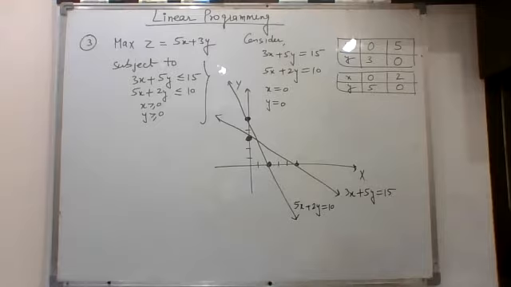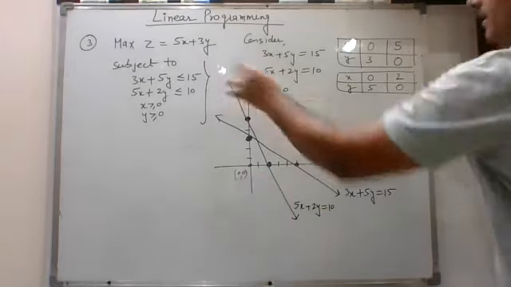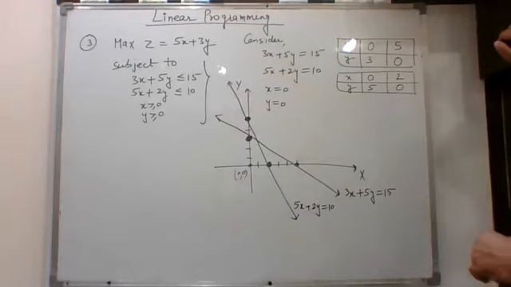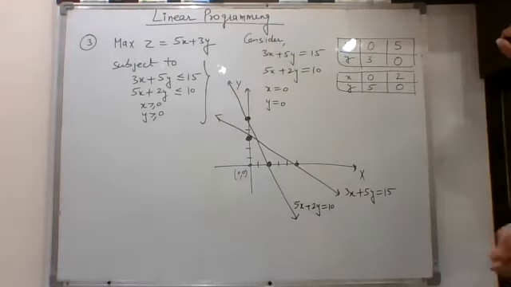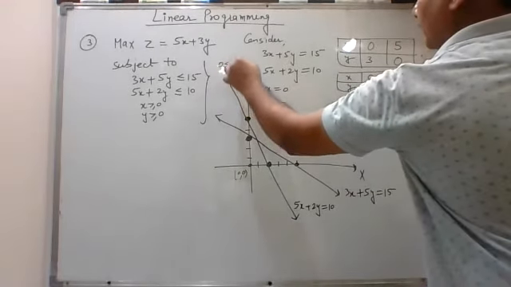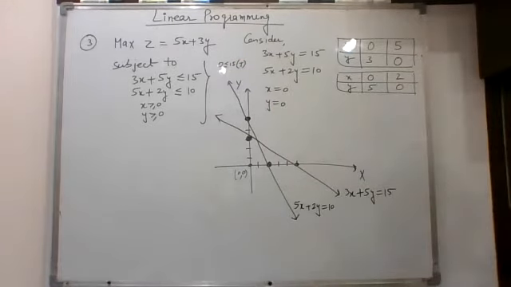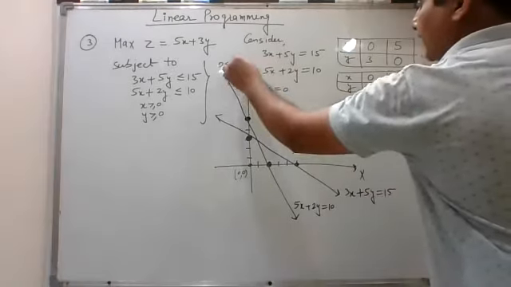After that, we have to see the common area for both the lines. In order to decide the direction of these lines, we will put x is equal to 0 and y equal to 0 in the original inequality. When I put x equal to 0 and y equal to 0 in this one, you will get 0 is less than or equal to 15, which is a true statement.